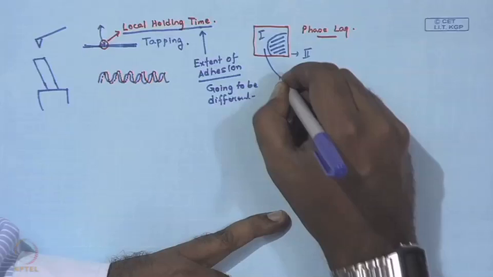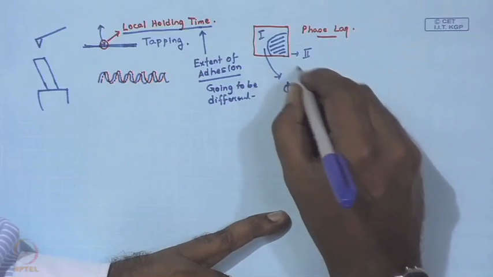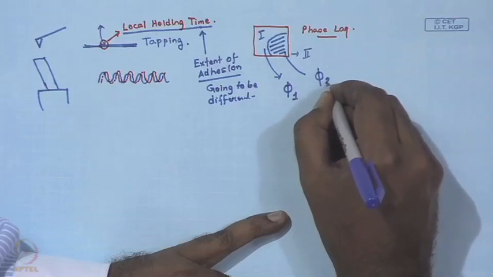So, over here if that delay or lag is, let us say, an amount phi 1 degrees, over here the lag might be phi 2 degrees.